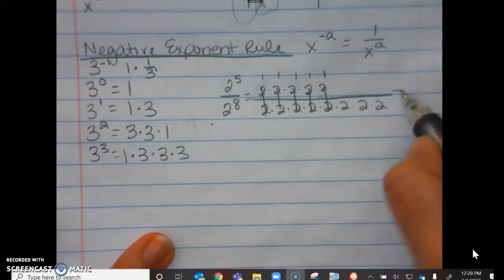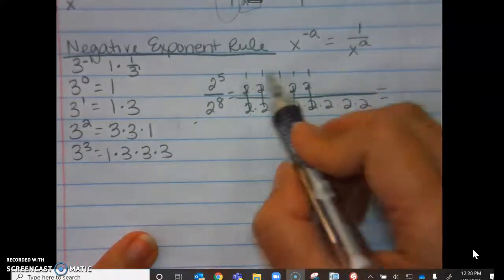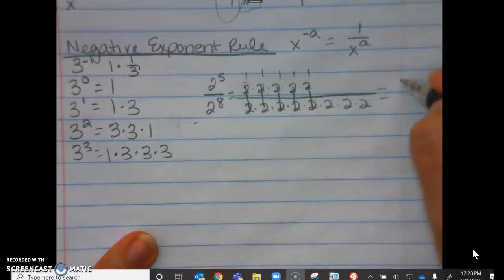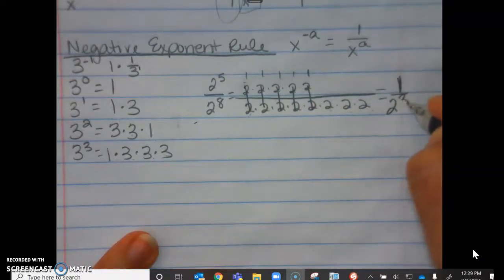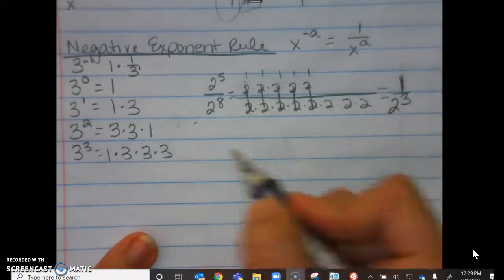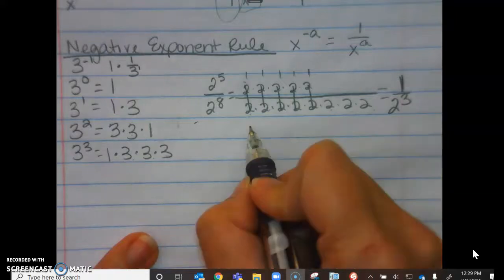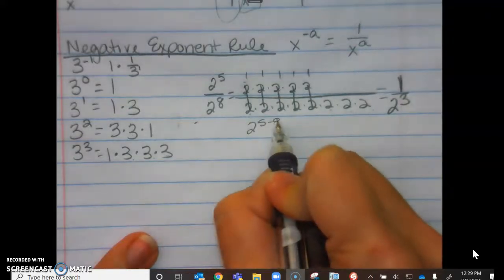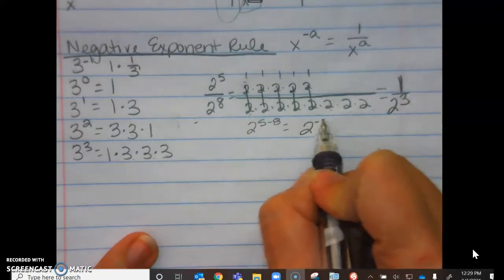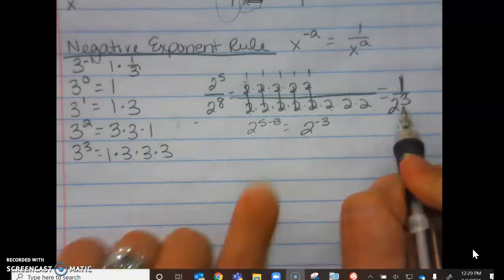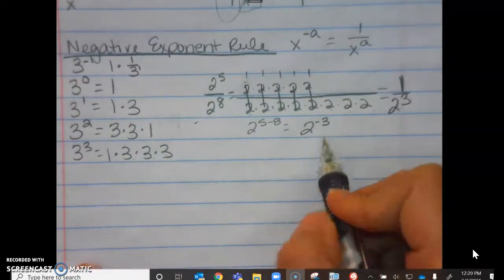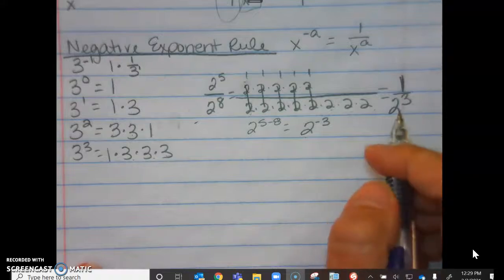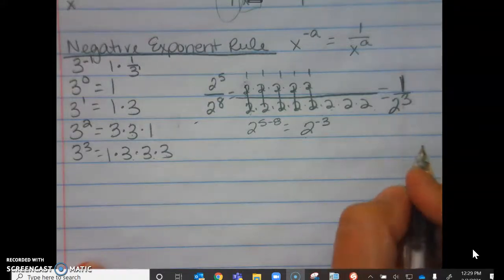All I have left on the top in my numerator, 1 times 1 times 1 times 1 times 1, 1 over 2 times 2 times 2 is 2 to the 3rd. So if I did my rule, I would say 2 to the 5 minus 8, 2 to the negative 3, and if it's negative, it goes in the denominator. This is why, because if you have a negative exponent, it is less than 1.